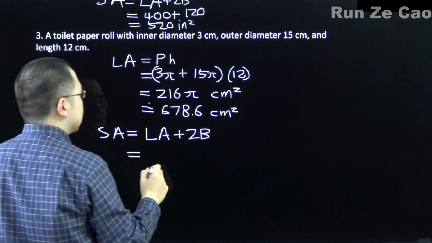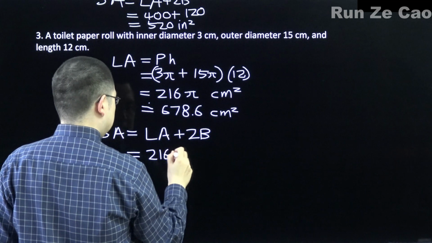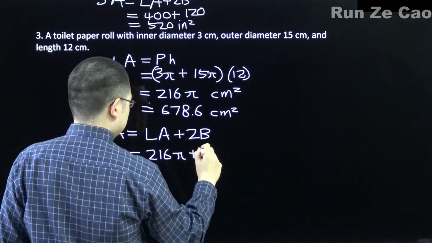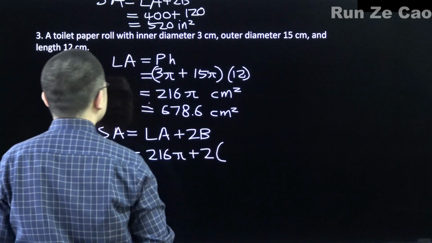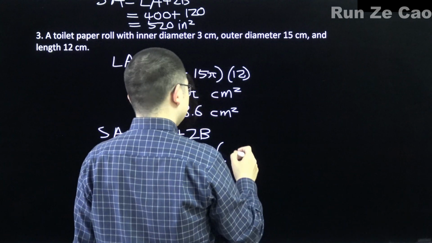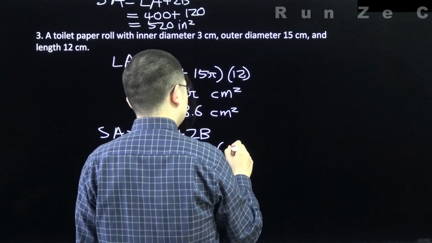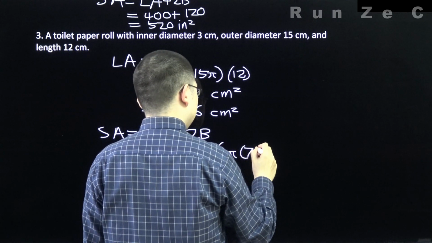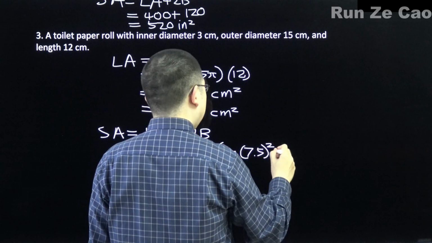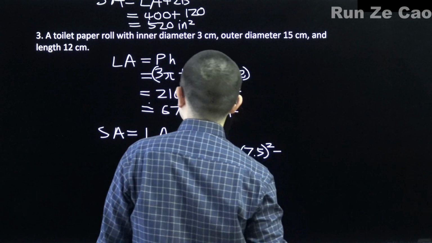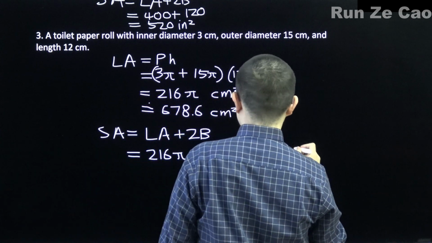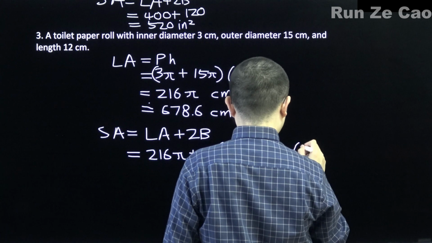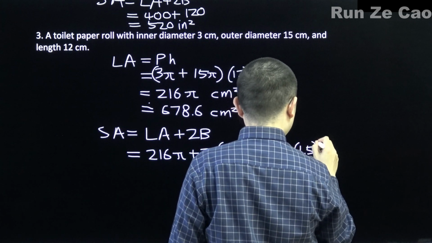So the lateral area is 216 pi plus 2 times the base area. The base area, well, that's pi r squared, 7.5 squared, minus the central hole in the toilet paper roll. So pi times 1.5 squared.